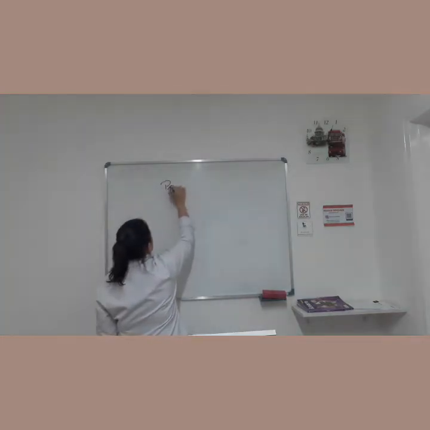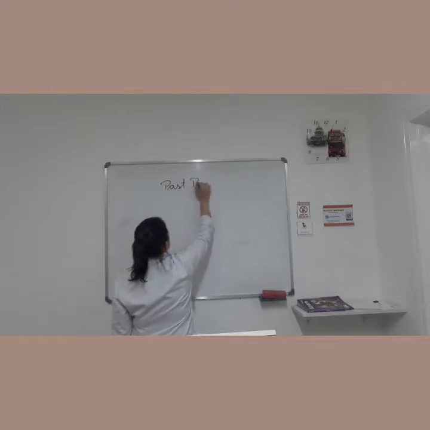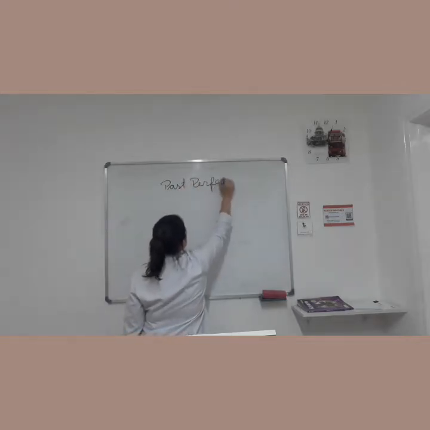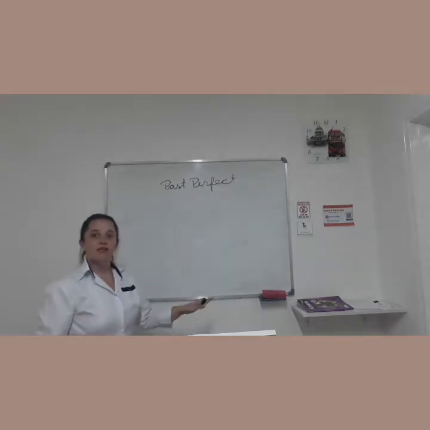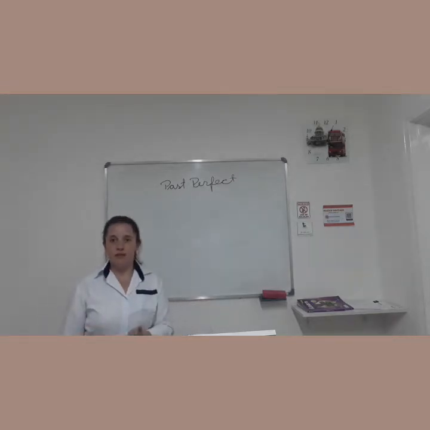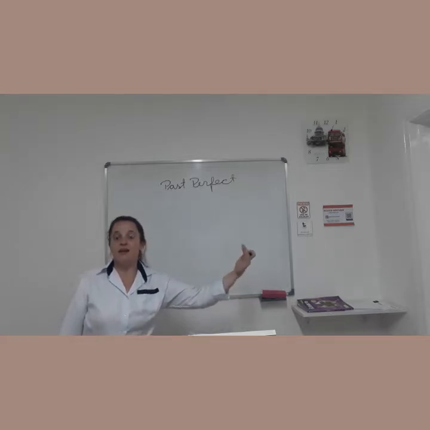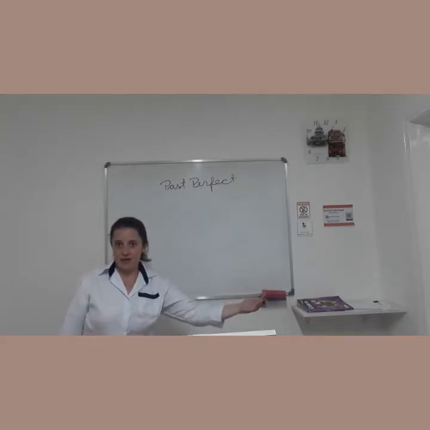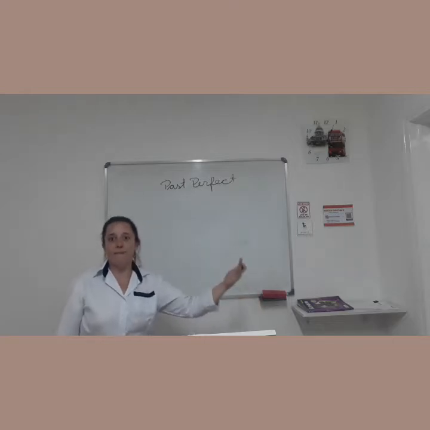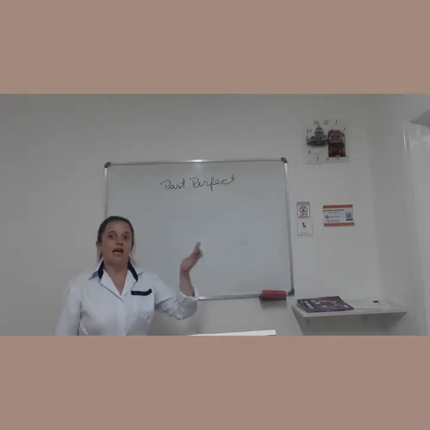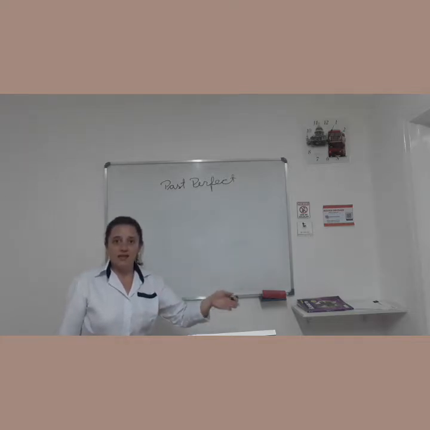The past perfect is when we want to talk about something that happened before another thing and they are both in the past. So something happened first and then another thing happened, and this is the past perfect.